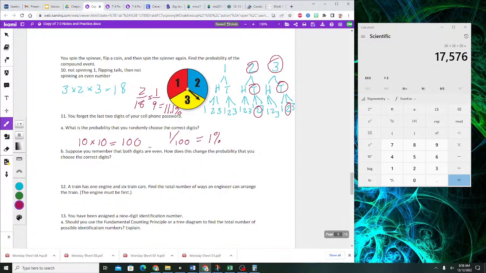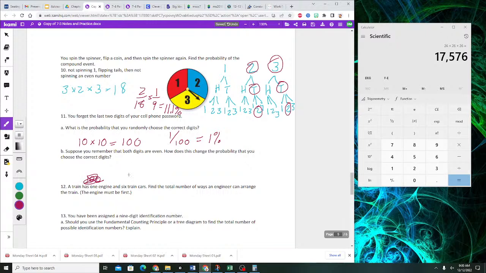Suppose you remember that both digits are even. How does that change the probability? Well, now you've improved your odds.